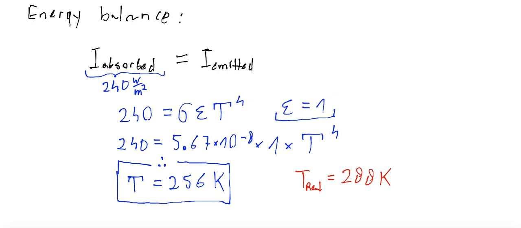So the idea is that we've used a very simple model of radiation and the assumption that both Earth and Sun behave as a black body, and we've obtained a temperature which is very close to the real one. And remember, the real one is affected by the greenhouse effect. We'll be talking about the greenhouse effect next lesson.